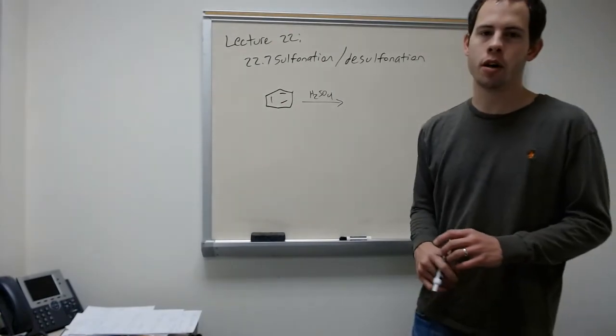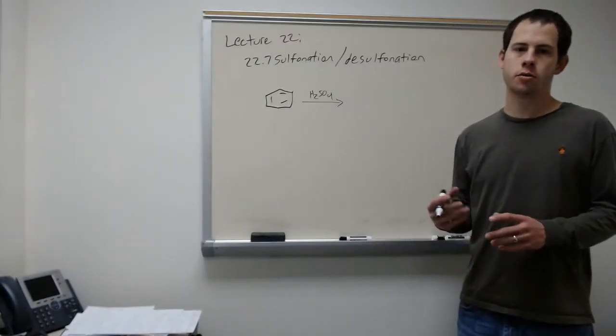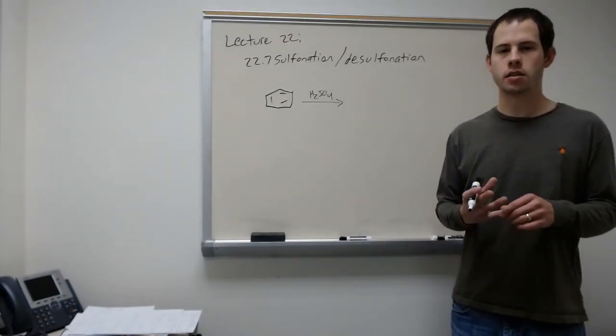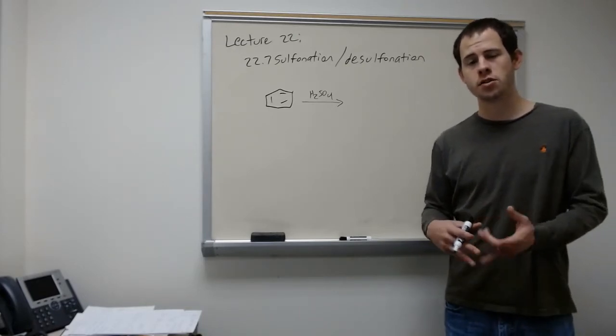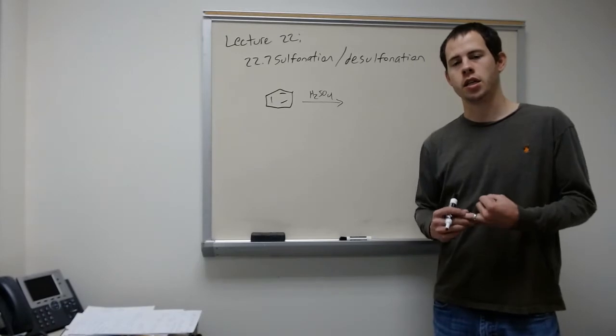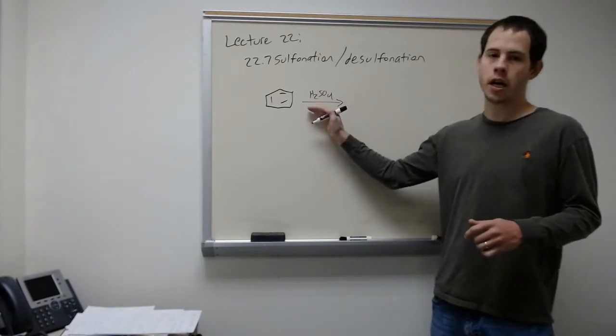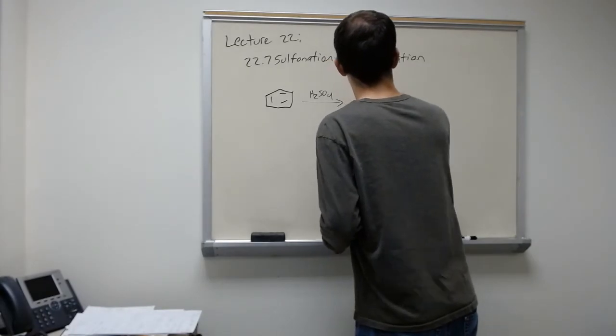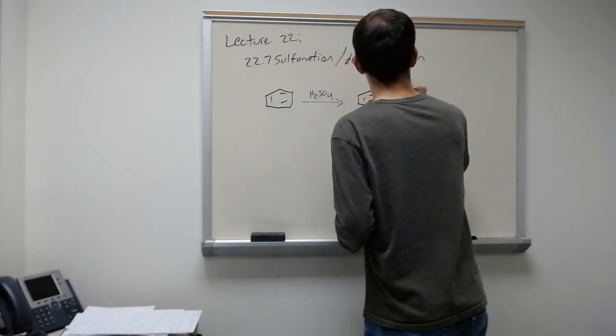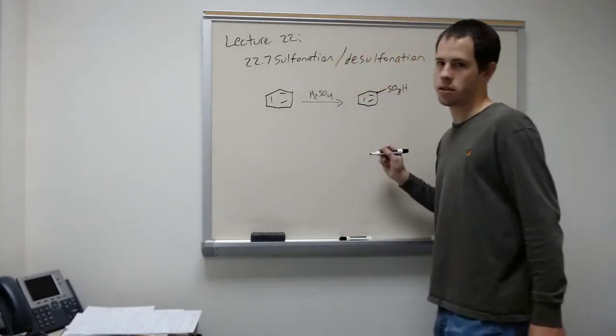All right, so we're going to move on to 22.7, talk about sulfonation of benzene rings and desulfonation. So in the previous reaction for nitration, we used nitric acid and sulfuric acid. In this reaction, we only use sulfuric acid, and we put this type of group on there.